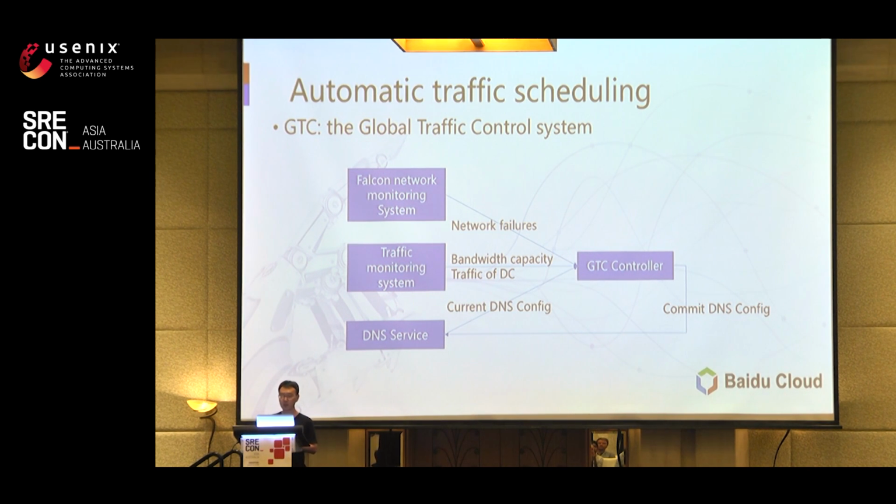So we need to implement different scheduling methods for each type of failure so that the user's request can correctly access Baidu's data center. Second, we also need to consider the bandwidth capacity of each data center's POP. We should not overload the bandwidth capacity of a data center by traffic scheduling.